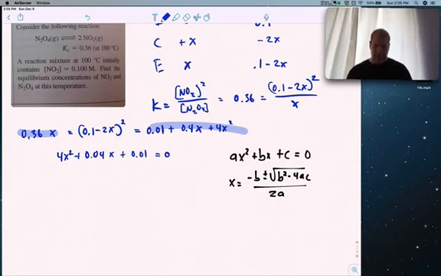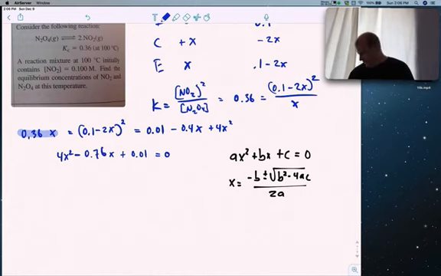So now we have to apply the quadratic equation. And I just realized I made a mistake. This here is minus. I forgot the minus sign in there. I thought I was doing something wrong. So this is going to be minus 0.76x.